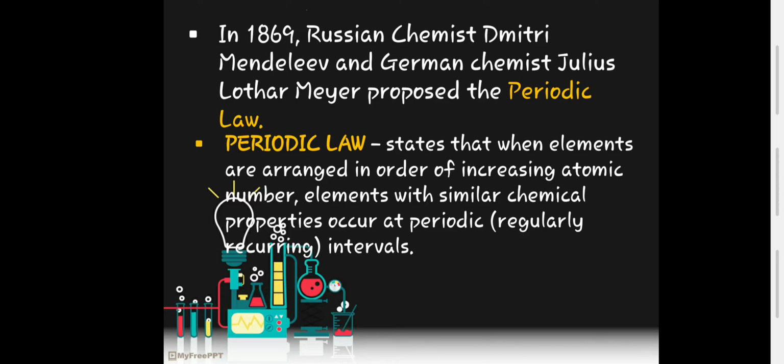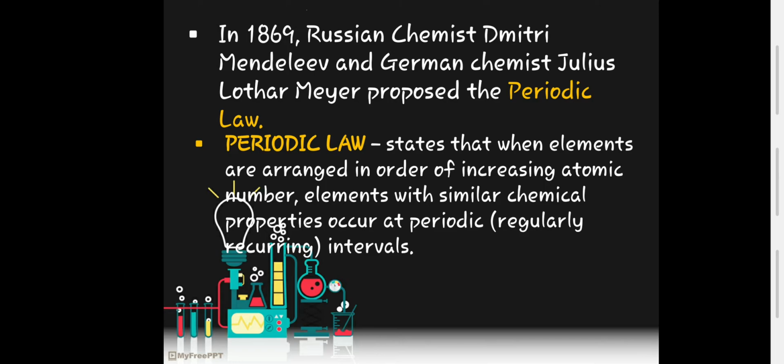together with the German chemist Julius Lothar Meyer, proposed the periodic law. The periodic law states that when elements are arranged in order of increasing atomic number, elements with similar chemical properties occur at regularly recurring intervals.